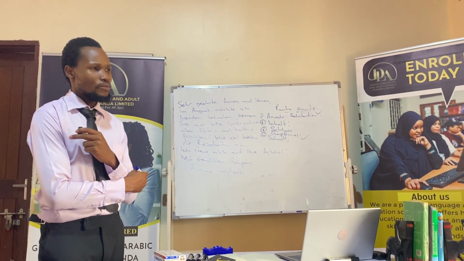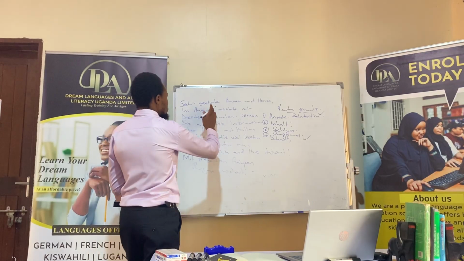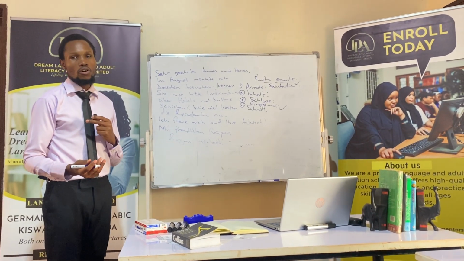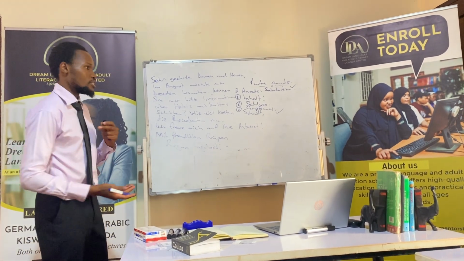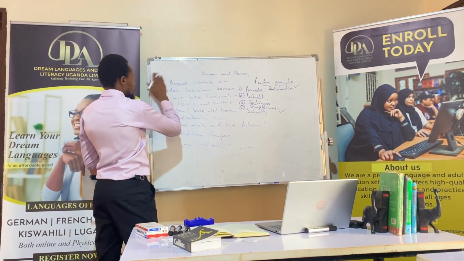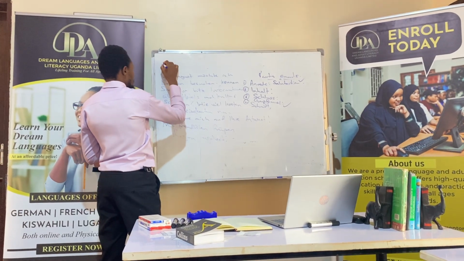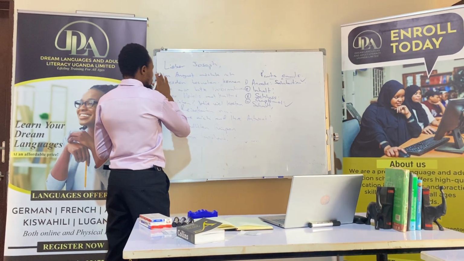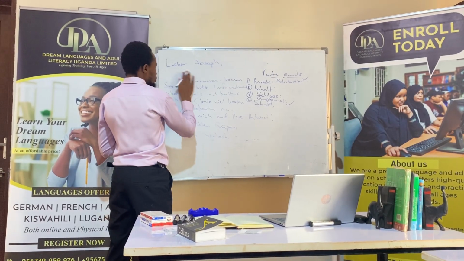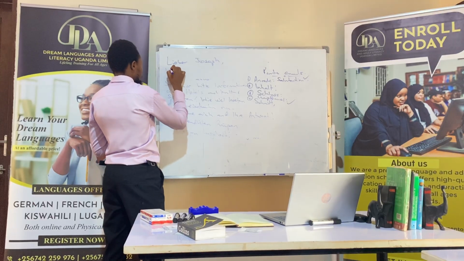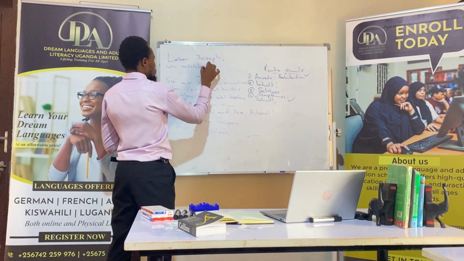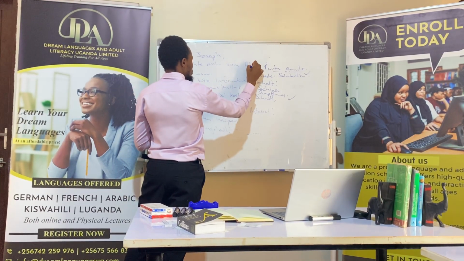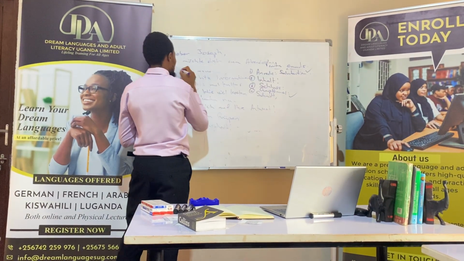And if it is informal, then you just have to edit these things. Maybe they have told you to write to your friend to invite him for dinner. So maybe I'm inviting Joseph. Lieber Joseph, ich möchte dich zum Abendessen einladen.